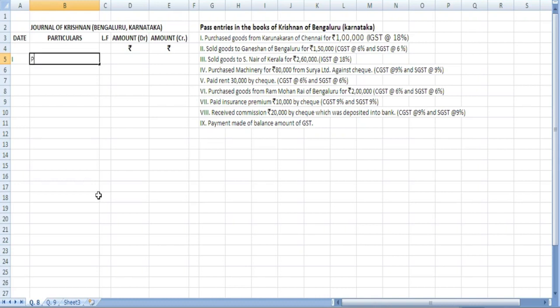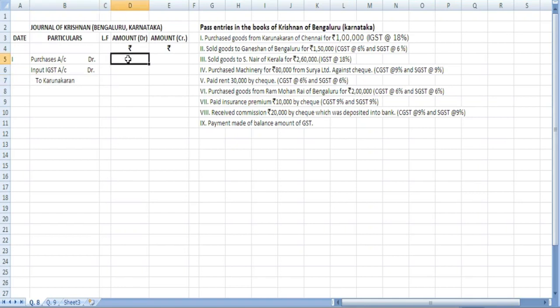So we'll write here purchases account debit. Now at the time of purchase we have to pay some GST. Since it is interstate, outside the state, we have to pay some input IGST, that we will debit, and we are purchasing from Karunakaran.